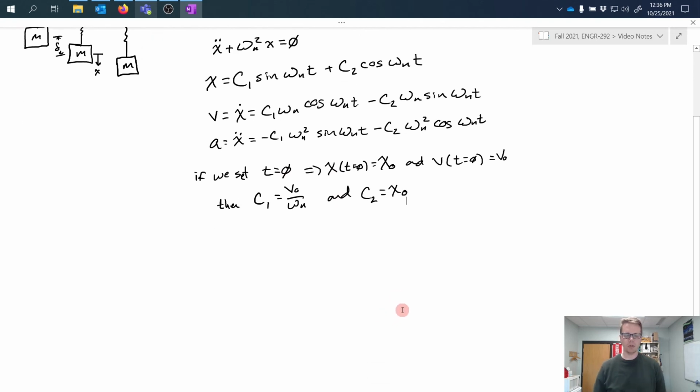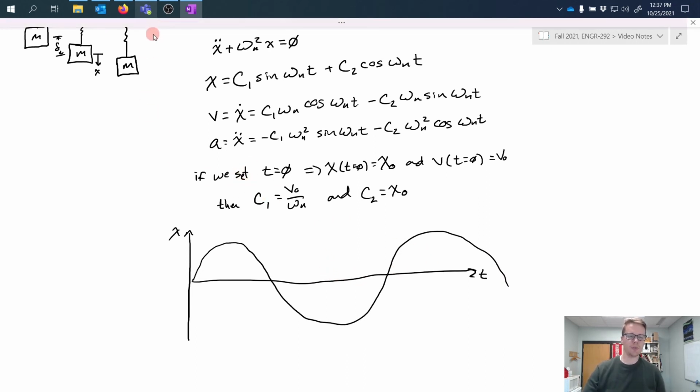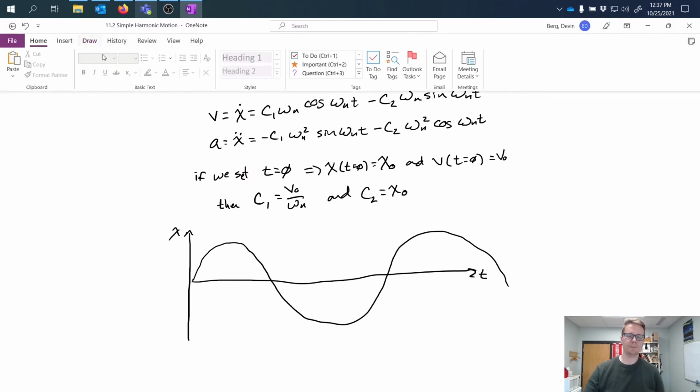All right, so looking at the equation for x, we can quickly realize that if I were to plot x versus time, I have a simple sinusoidal function. It's not a very good drawing of a sinusoidal function, but I think you get the idea. This sinusoidal function has a few properties that I might want to define.